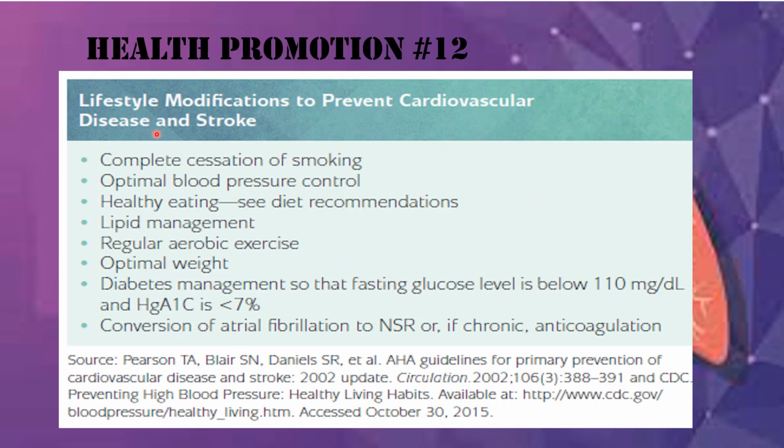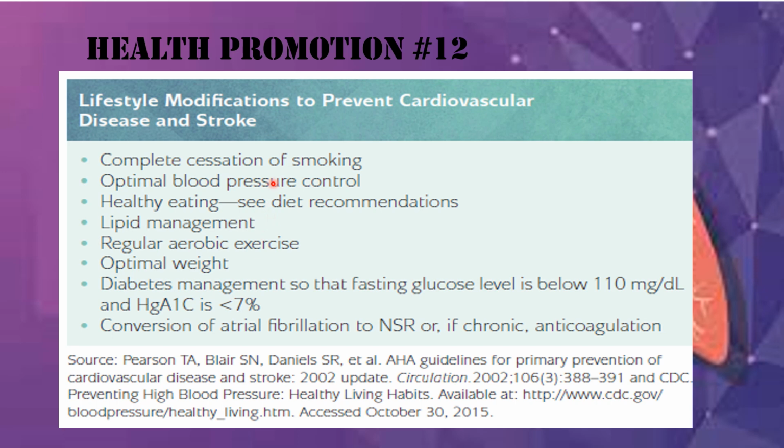So to continue with the lifestyle modification to prevent cardiovascular disease and stroke, there should be a complete cessation of smoking, optimal blood pressure control, healthy eating. Of course, you have to check the diet recommendations. You will learn this more in your nutrition and diet therapy when you reach your level 2.